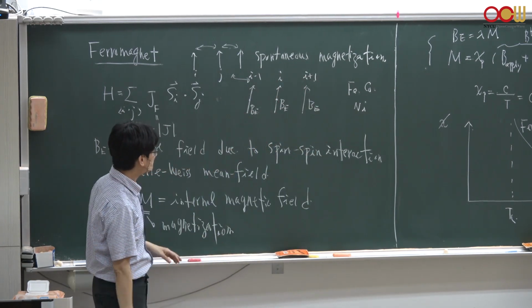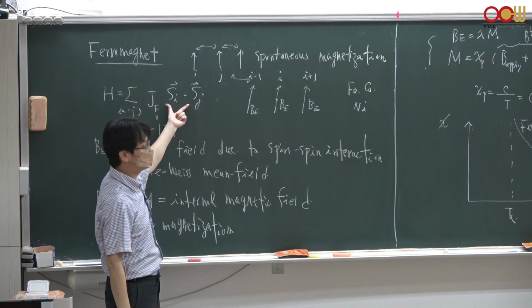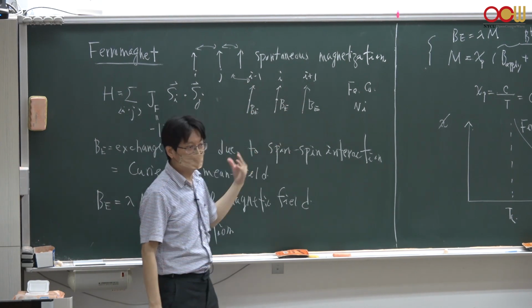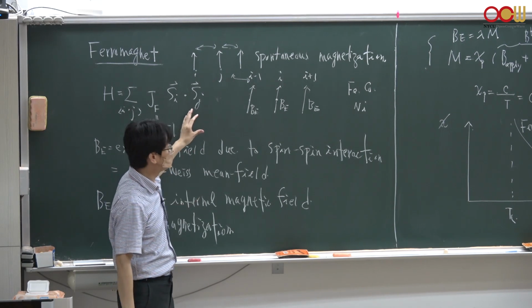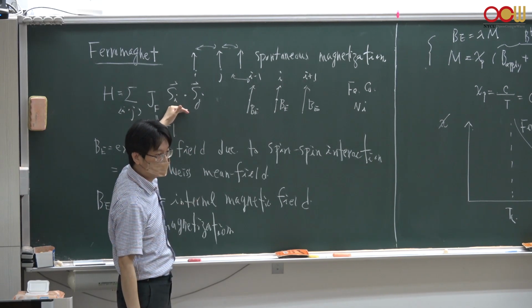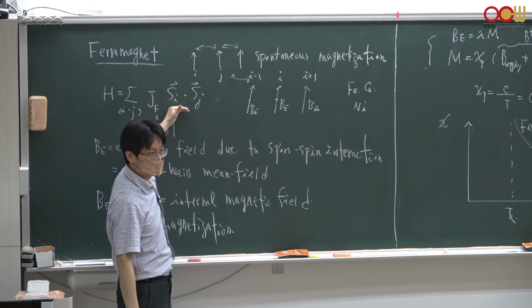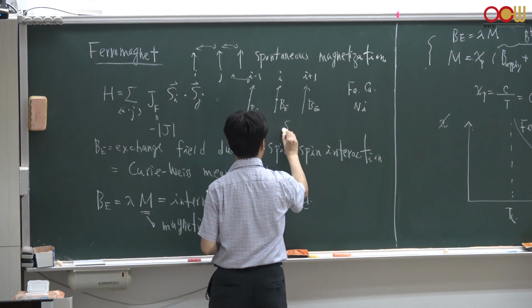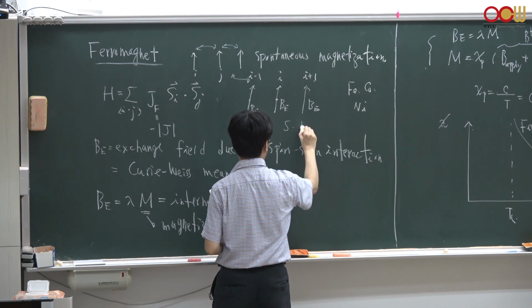But if you consider this Si dot Sj, where J refers to I minus 1 or I plus 1, you could immediately recognize the form of this spin-spin coupling looks very much similar to the Zeeman form, right? So the Zeeman form is what? S dotted B, right? Or mu dot B.